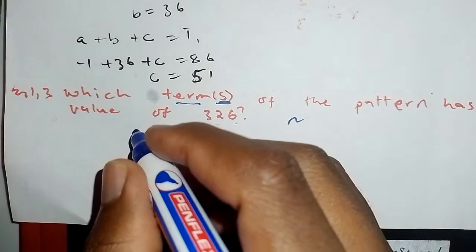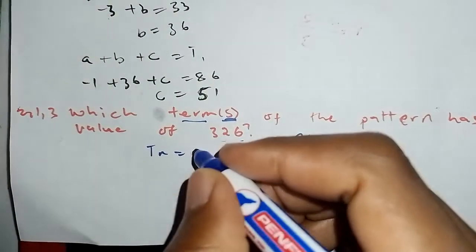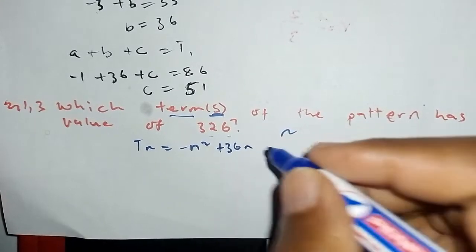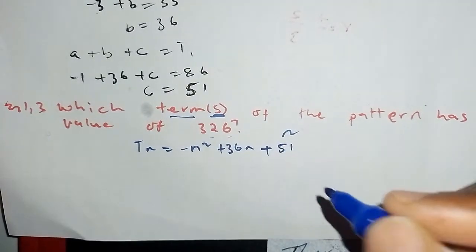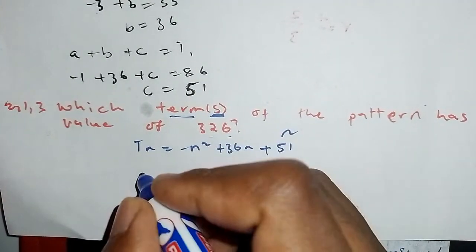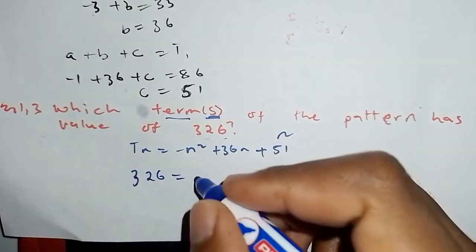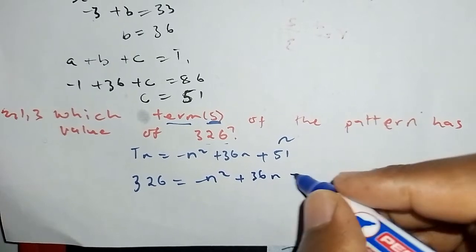So you say, I calculated my formula. I got Tn is equal to negative n squared plus 36n plus 51. Now I substitute 326 for Tn, which equals negative n squared plus 36n plus 51.